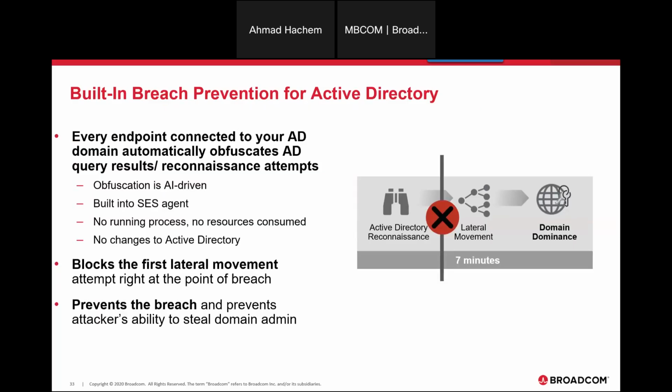Once there is an interaction with these fake resources, it triggers an event or an incident and takes the necessary action to disrupt and terminate the execution. All of this approach is endpoint based and built into the same Symantec Endpoint Security agent, and no changes to Active Directory are made at all.